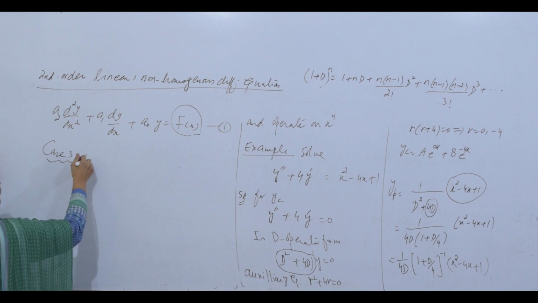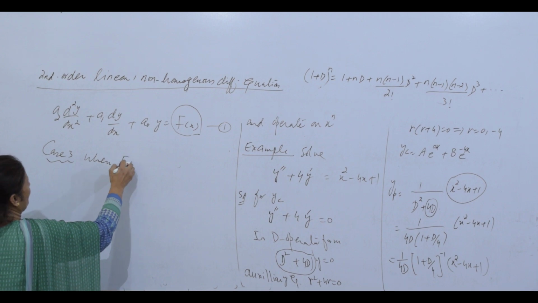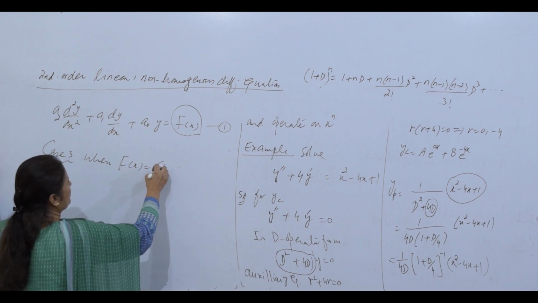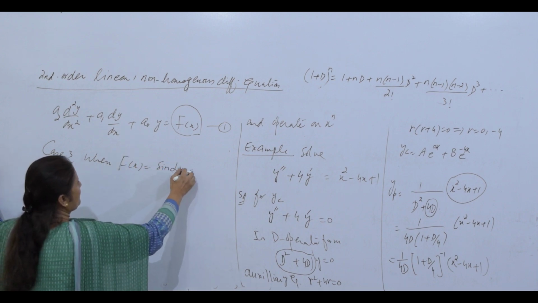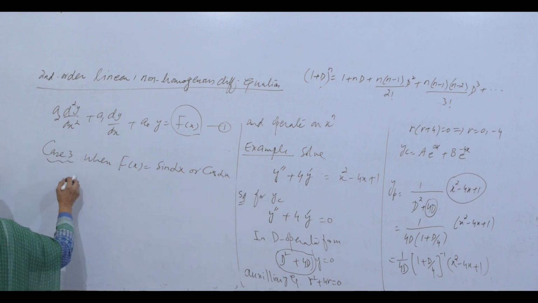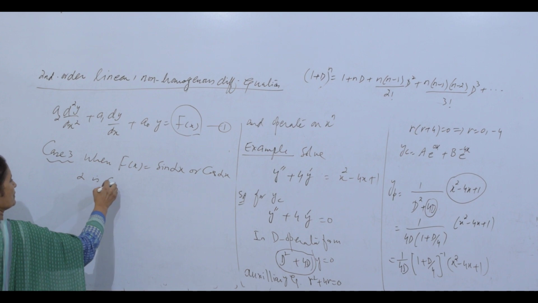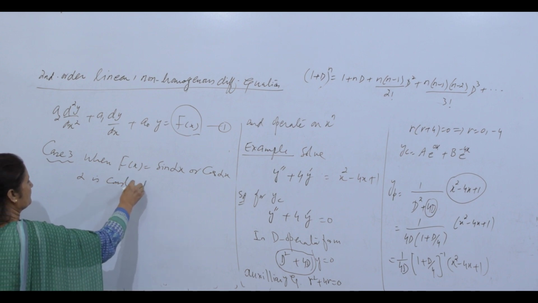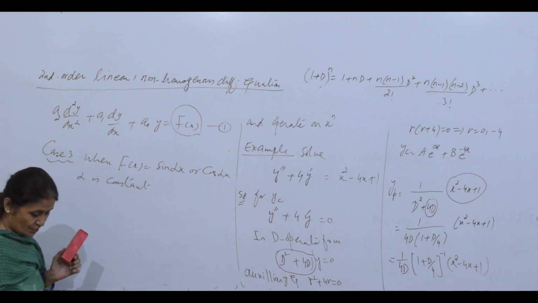Case 3. When f of x is equal to sine alpha x or cos alpha x, where alpha is a constant.